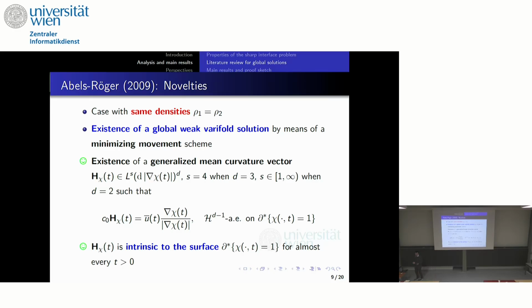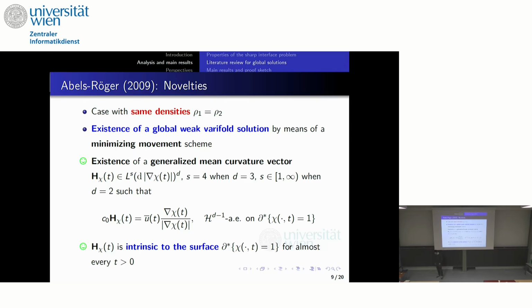This is heavily based on the results by Schätzle about the possibility of obtaining this Gibbs-Thompson law, and of course on the most important property, which was obtained in a separate work by Röger, concerning the mean curvature vector.